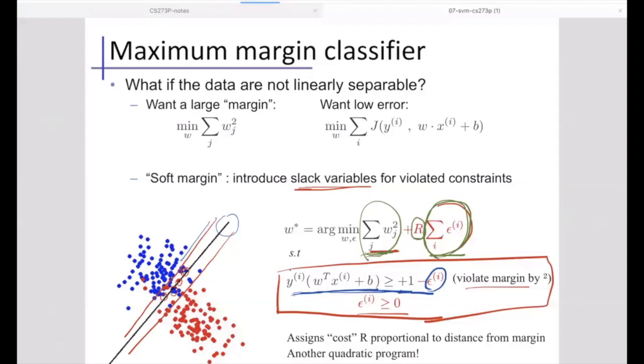If R is very large, you put more weight on the separating constraints; you want to reduce the slack variables. On the other hand, if R is very small, the slack variables do not contribute much to the loss function, and I try to find the separating solution as separate as possible. So that balances these two.